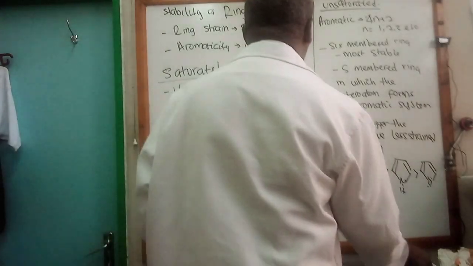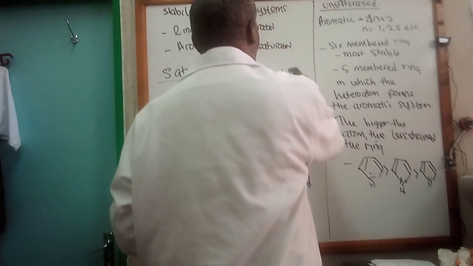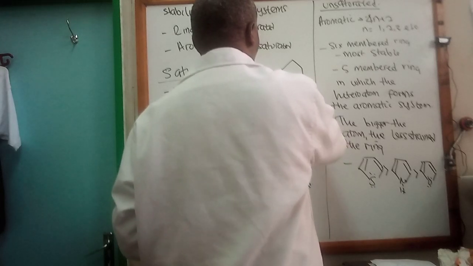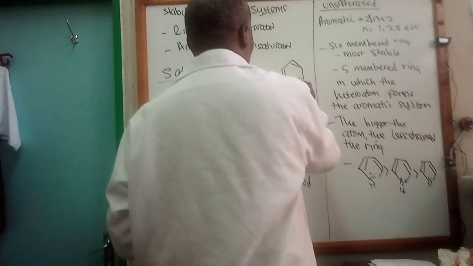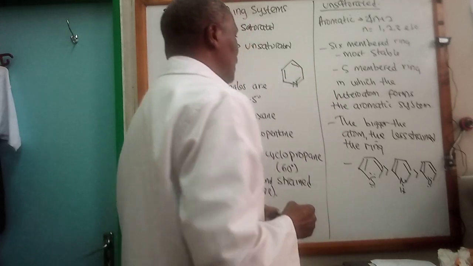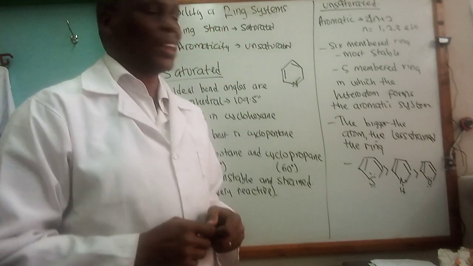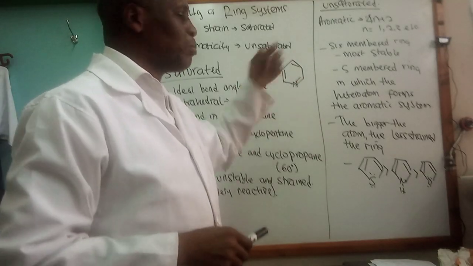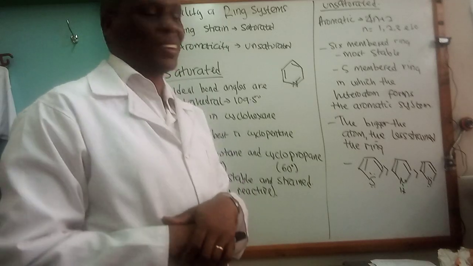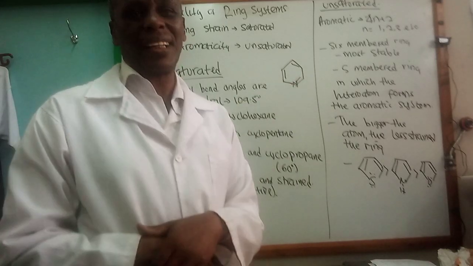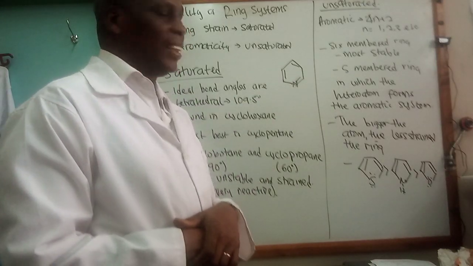Pyridine is similar to benzene, but there's a heteroatom, in this case nitrogen. So that's an example of pyridine. It's a six-membered ring with six pi electrons. It's aromatic. The bond angles are ideal. It has the least strain.